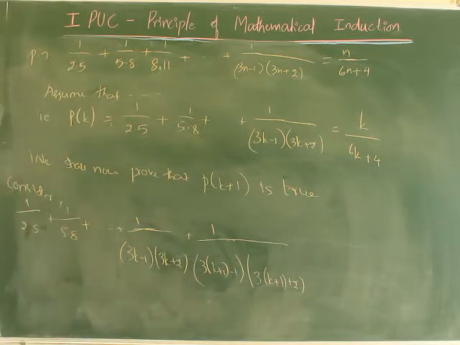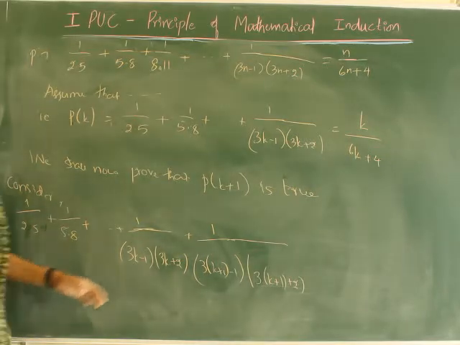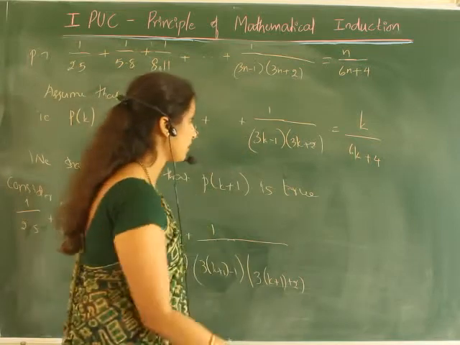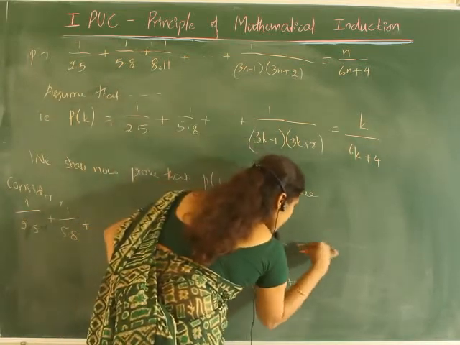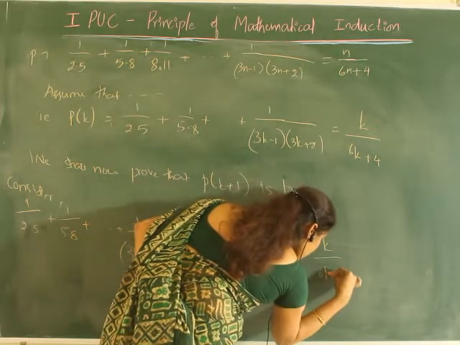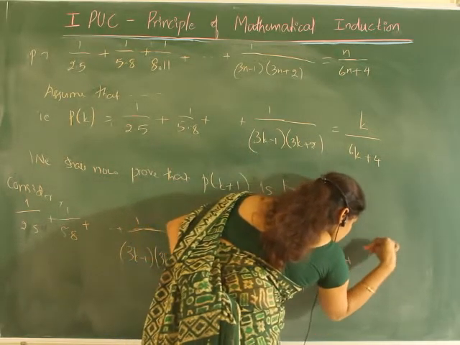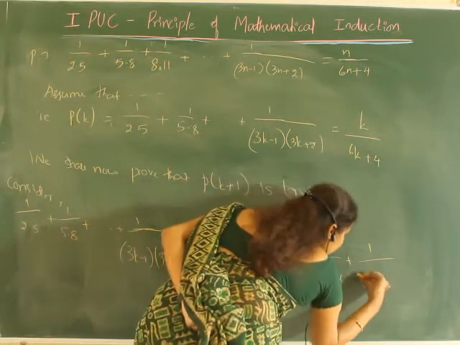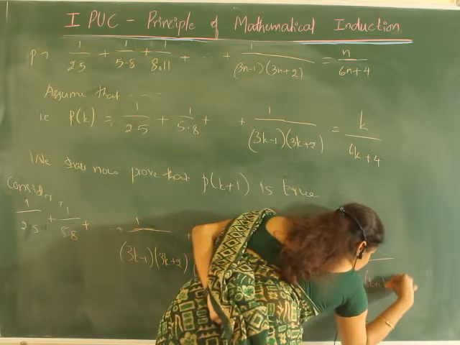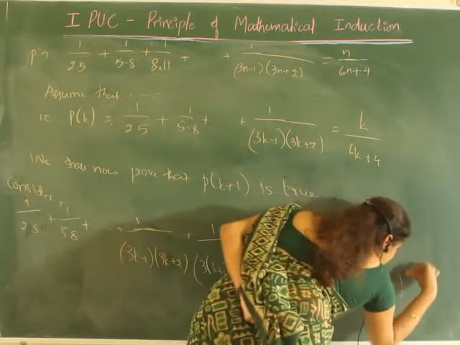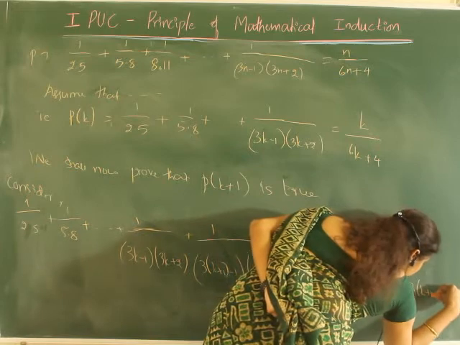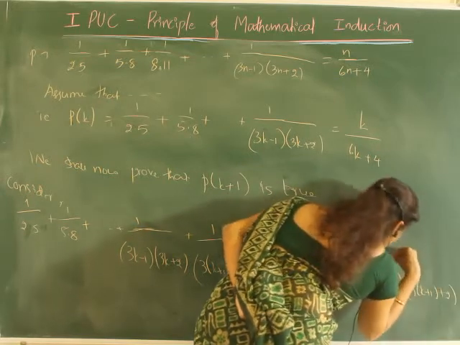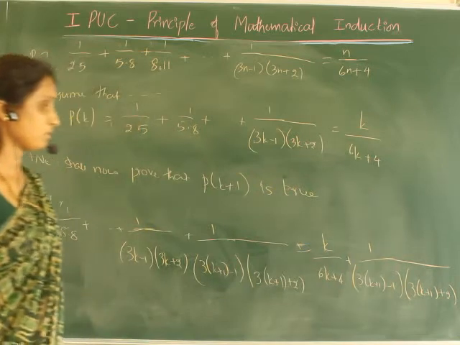Next, same term plus this extra term, this is equal to k by 6k plus 4 plus 1 by same term 3 into k plus 1 minus 1, 3 into k plus 1 plus 2. K plus 1 plus 2 I have added.